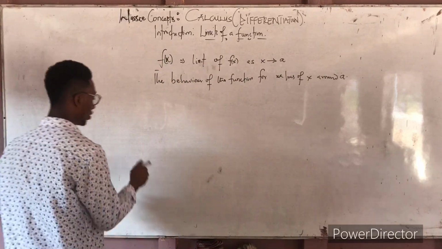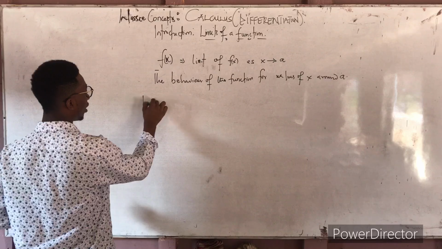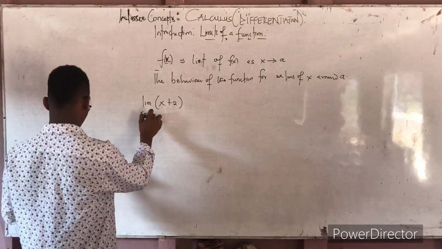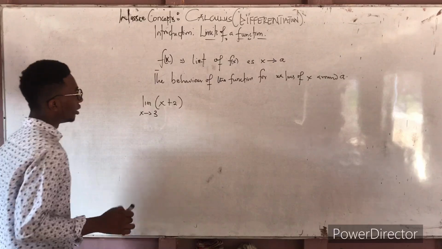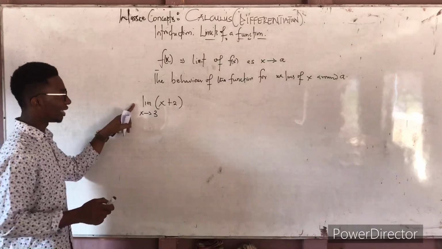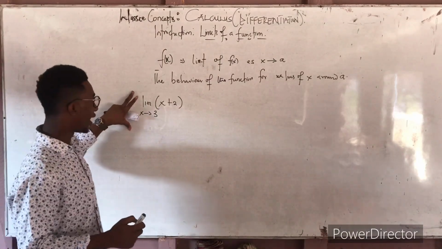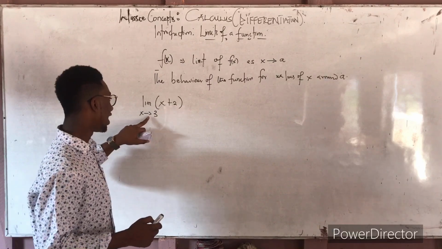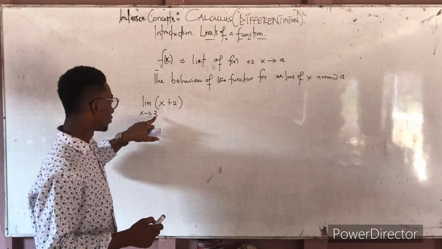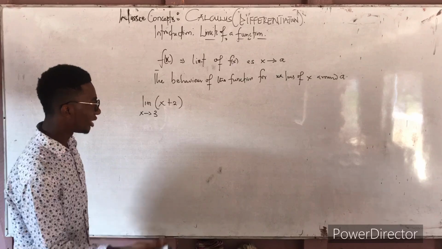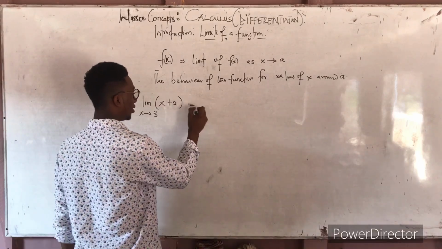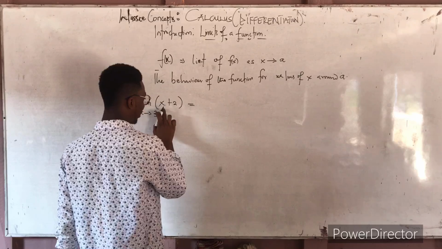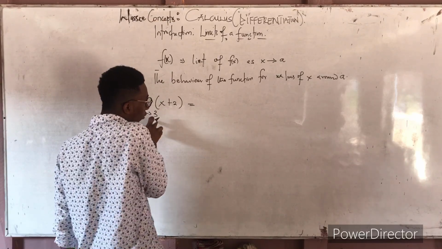So for instance, if we have the limit of x plus 2 as x is approaching 3, this is the function f of x, and I have to find its limit as x is approaching 3. What it simply means is that the limit of the function becomes the value of x around 3.